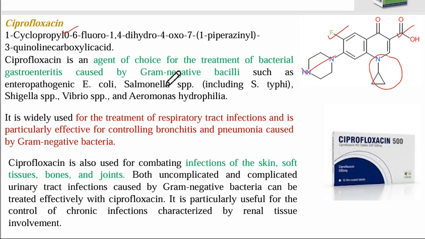These are used in bacterial gastroenteritis caused by gram-negative bacteria. They are also used in respiratory tract infections, like controlling bronchitis and pneumonia. Ciprofloxacin is also an effective antitubercular agent, and it is also used for treating infections of skin, soft tissues, etc.